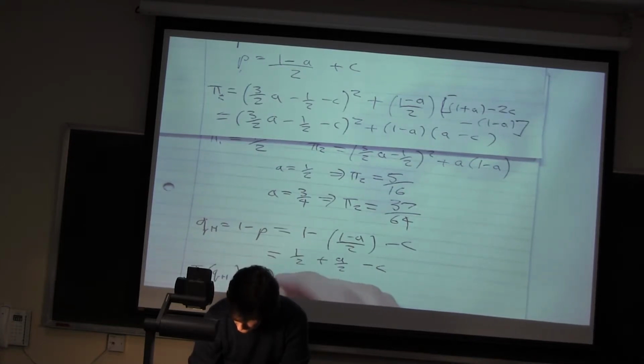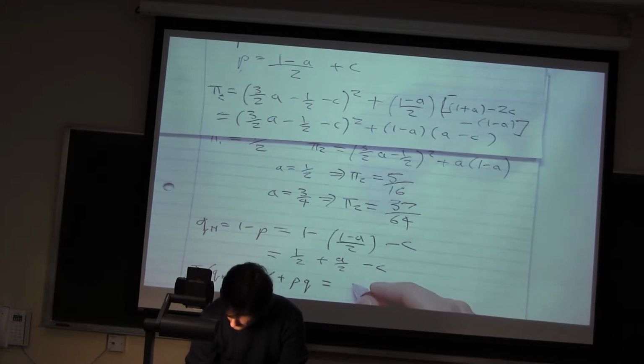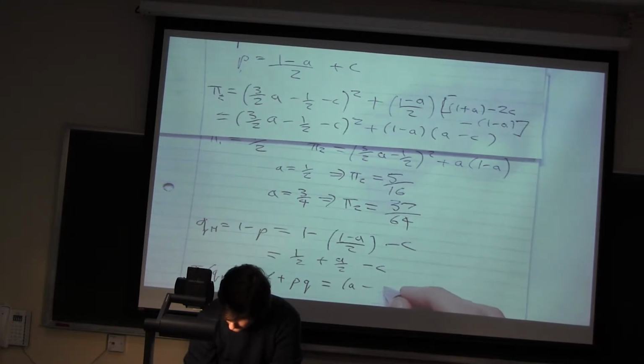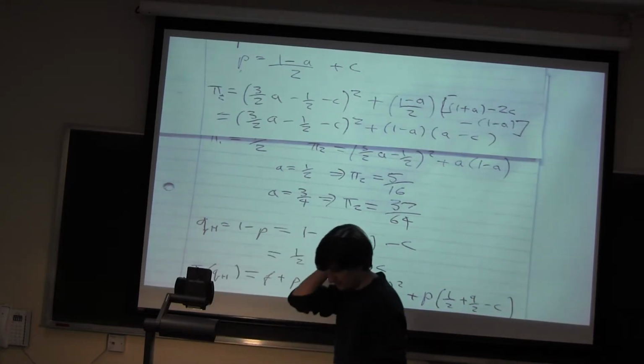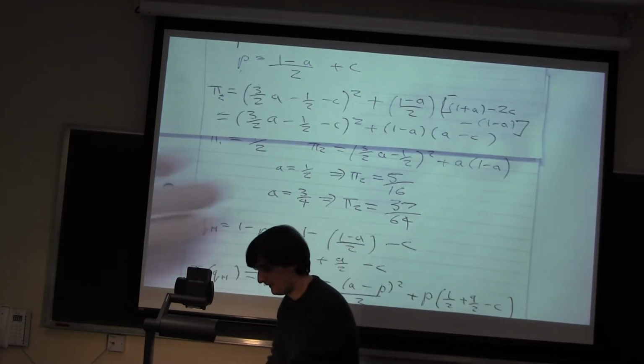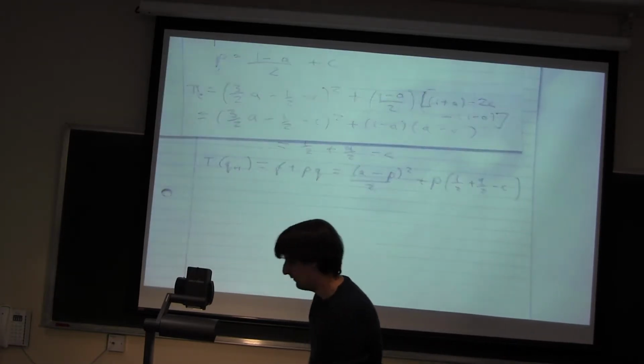So this is F plus PQ, which is (A minus P) squared over 2 plus the price times the quantity we just found, a half plus A over 2 minus C. The total amount they're paying is a function of the price, so we just have to substitute in for the price now.